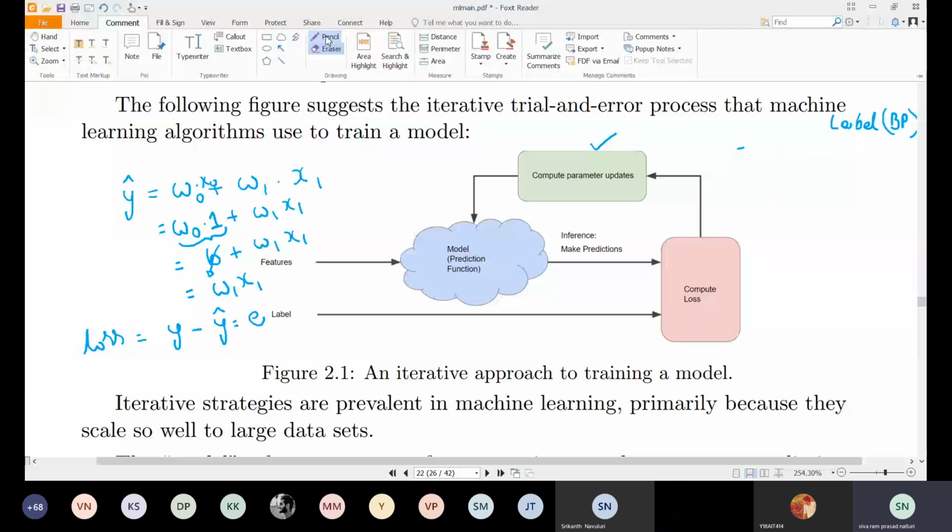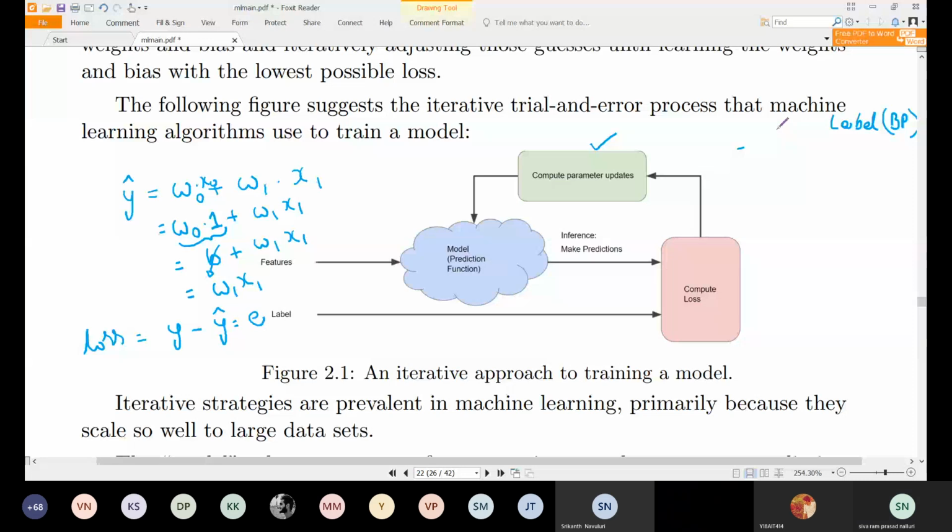So the first feature x1 is the age of the person, and y1 is y, the target label y is the blood pressure.